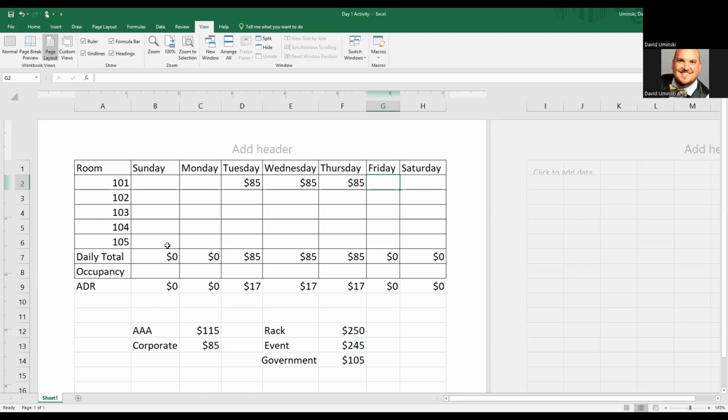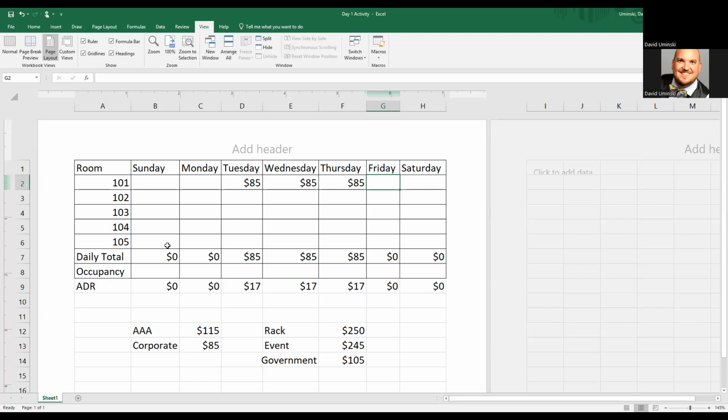Number 3, the government rate of 105, checking in on Monday for 3 nights. Number 4, the event rate, checking in on Thursday for 3 nights.